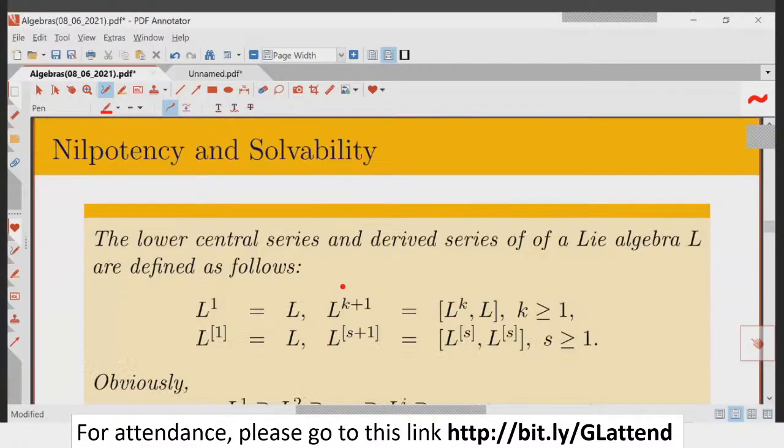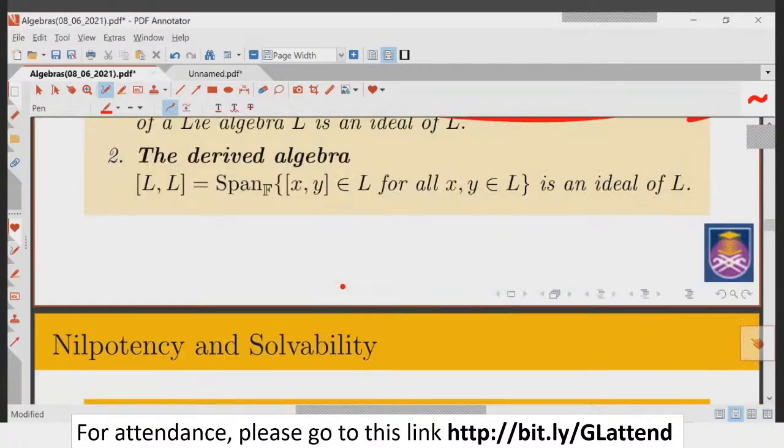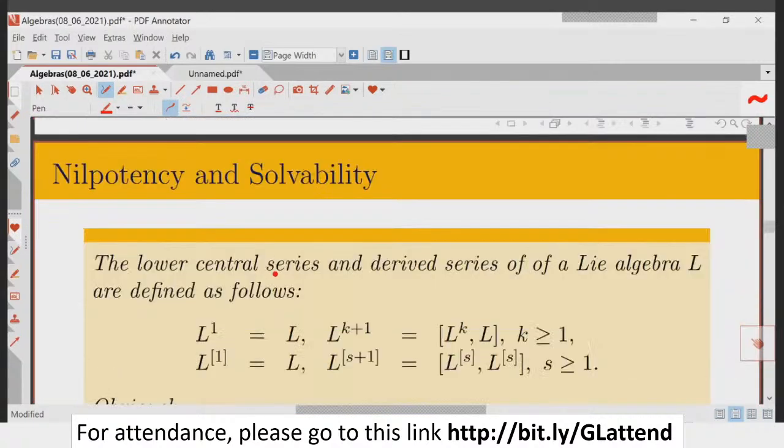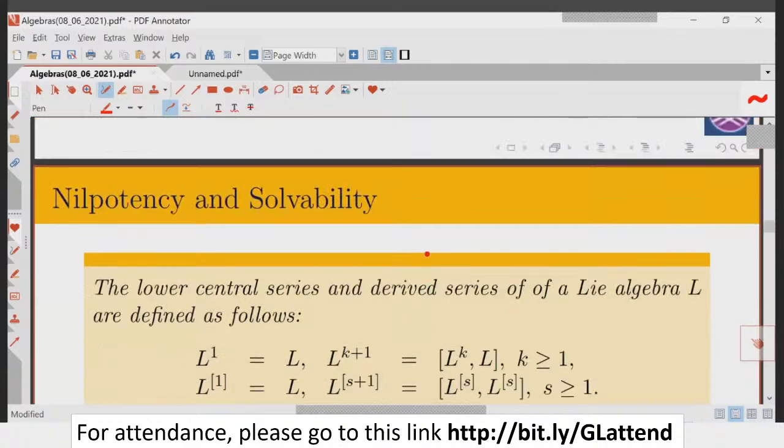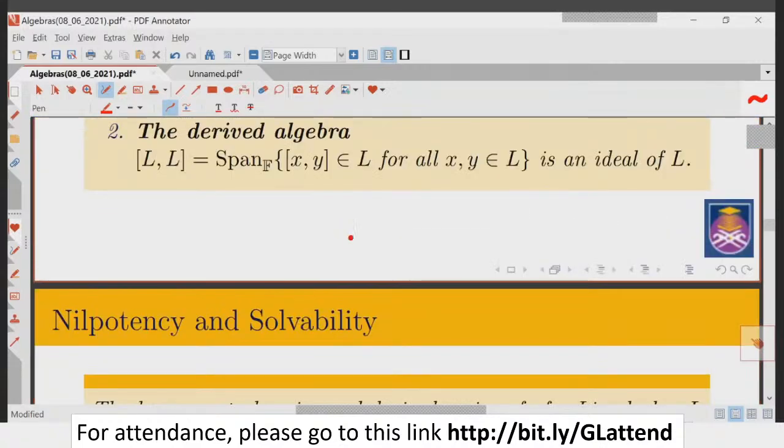Now, more. Here you multiply L by itself. In fact, you can multiply by L, taking its k-th power, L to the k and L. If k is 1, you will get this span.